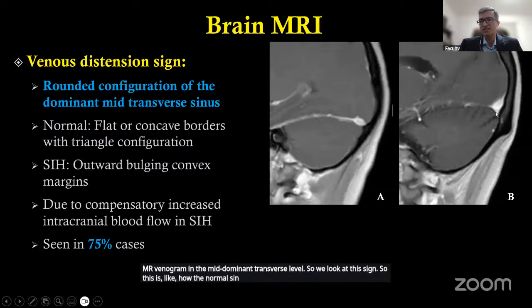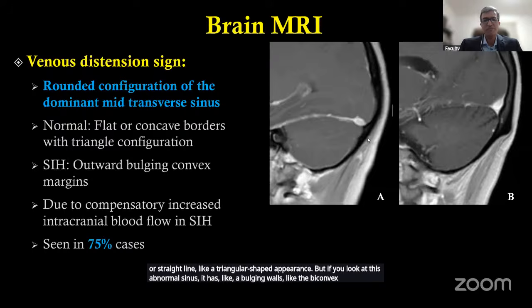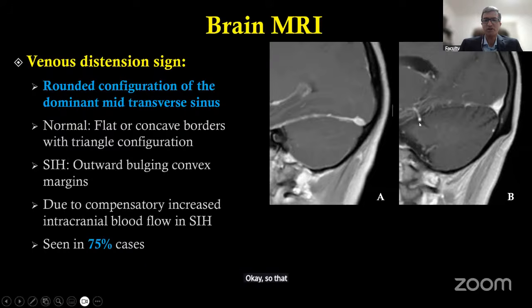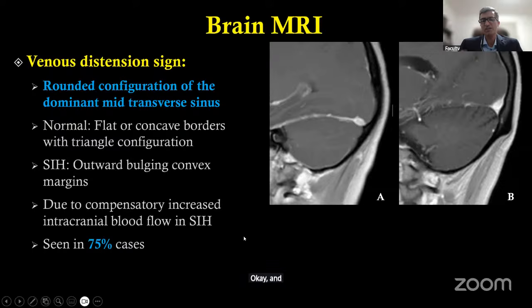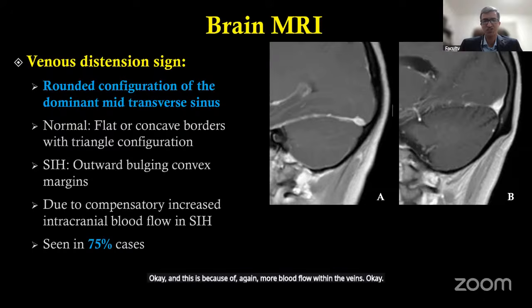The margins are either concave or a straight line, like a triangular shaped appearance. But if you look at this abnormal sinus, it has bulging walls, like biconvex margins. Okay, so that's abnormal here. This is the normal sinus. This is the abnormal sinus. Okay, and this is seen in 75% of cases with SIH. Okay, and this is because of, again, more blood flow within the veins. Okay, venous congestion.